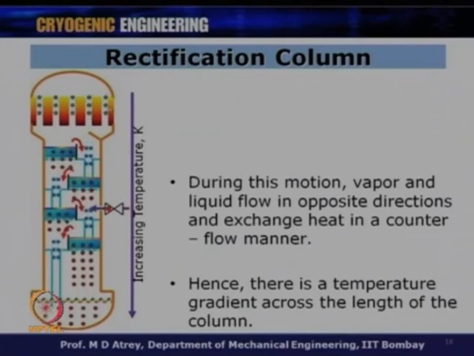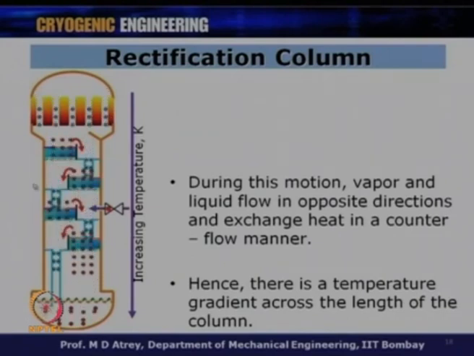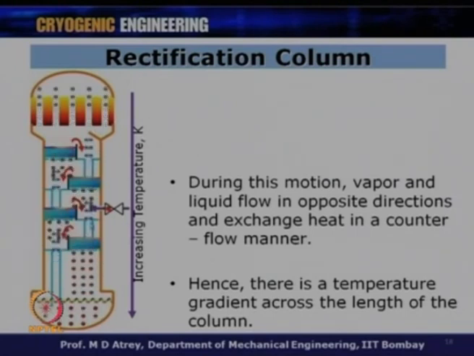So, the temperature at this point, if we talk about a nitrogen oxygen mixture, is going to be around 77 Kelvin, while the oxygen will get condensed every time and the liquid will come down, and ultimately we will have liquid oxygen at this point at 1 atmosphere. That means the temperature at this point could be 90 Kelvin. What does it mean? The temperature is increasing from 77 Kelvin to 90 Kelvin across the height of the column.